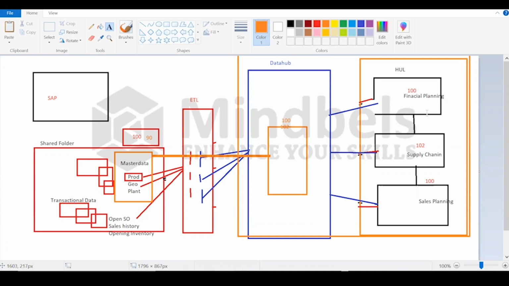The data hub is going to save your time, so consistency will be provided by the data hub, either in terms of data or in terms of performance. We can use the data hub both ways. One is validation and the other is consistency. Clear? Any doubts?